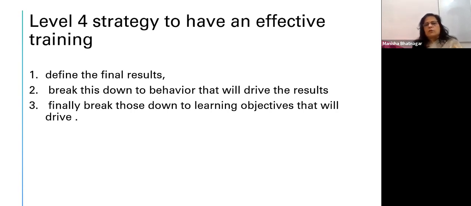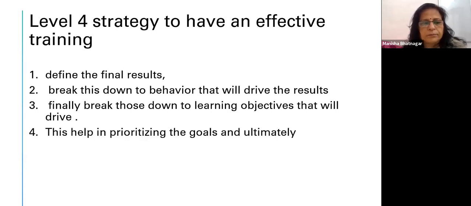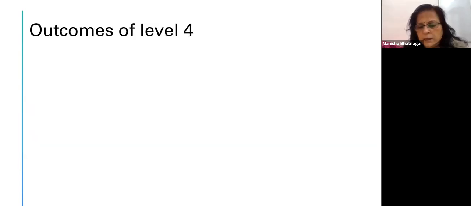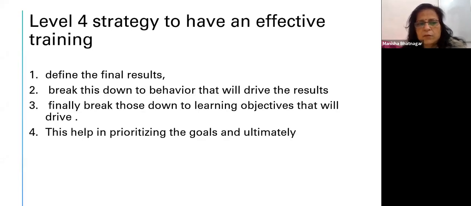Finally, break those down to learning objectives, what kind of learning objectives they would require, and that would drive the behavior. This helps in prioritizing the goals and ultimately the final results.